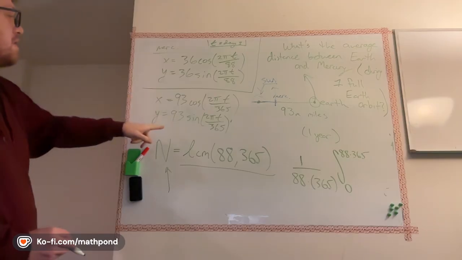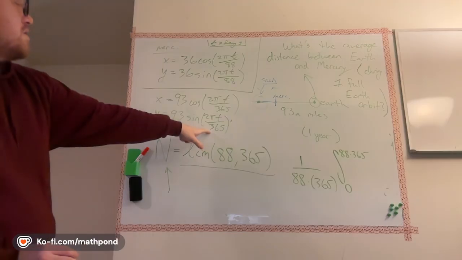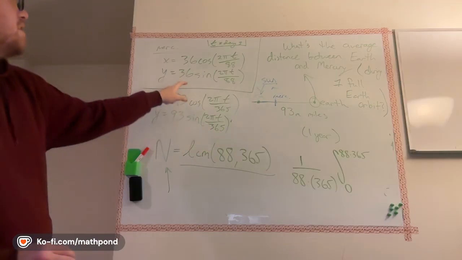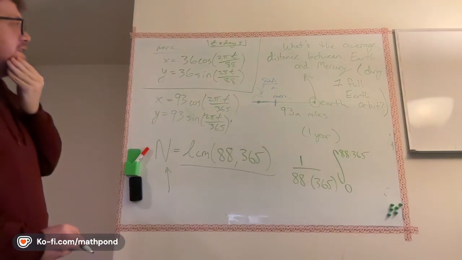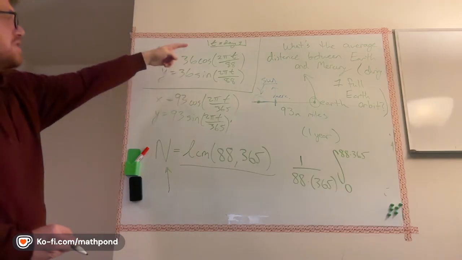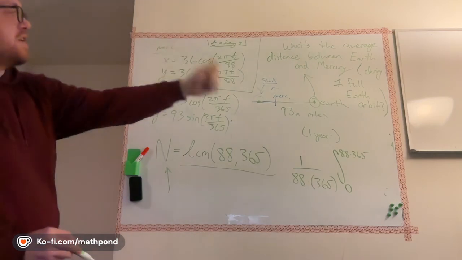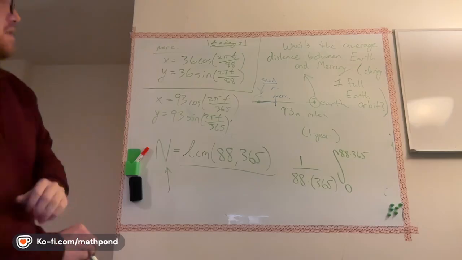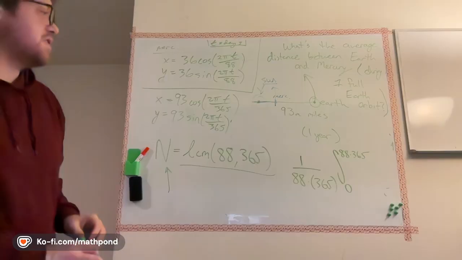So it'll be 93 sine squared of this minus 36 sine squared of that. So basically a difference of 2 sine squareds plus a difference of 2 cosine squareds. So you're going to have cosine squared plus sine squared, I think, minus another one. So yeah, let's try to write it out.